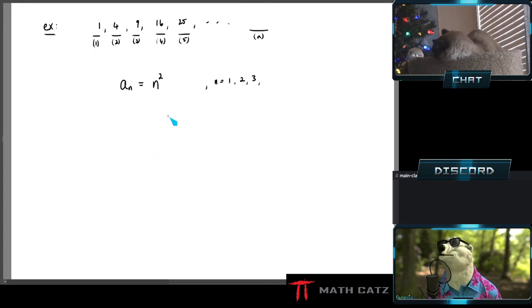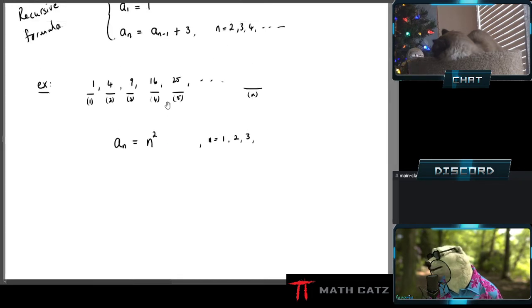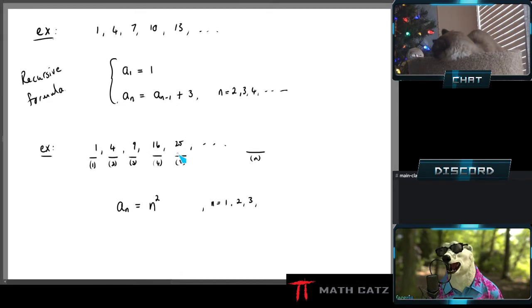So notice the difference between how these formulas look. They both have the goal of explaining the sequence that they want to explain. They both have the goal to give instructions for how to make a sequence. But they don't look the same.